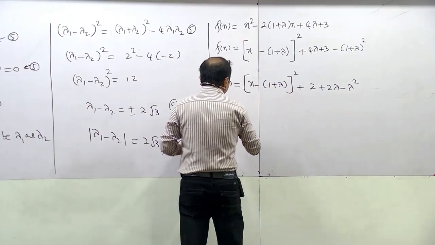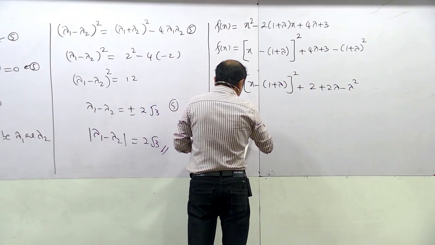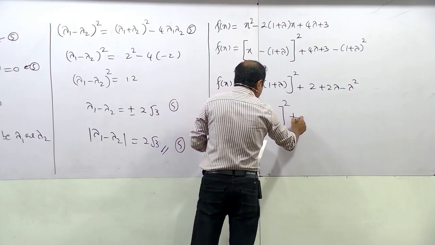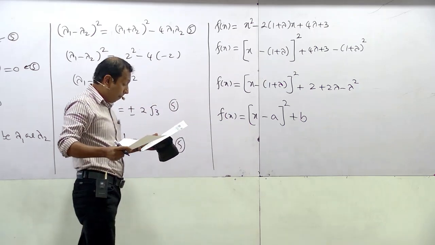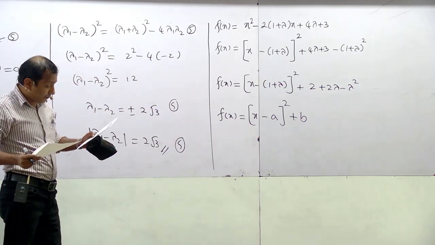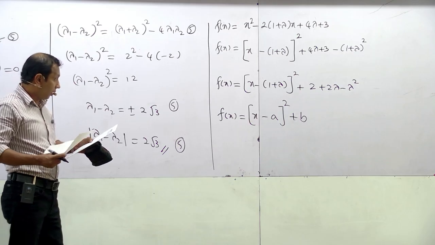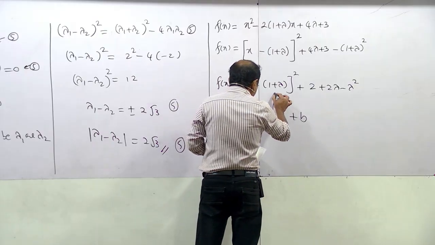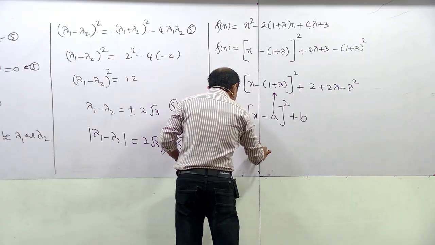Now we can compare this with x minus a perfect squared plus b. Find the values of a and b in terms of lambda. Now you can clearly compare. In the place of a you have 1 plus lambda.